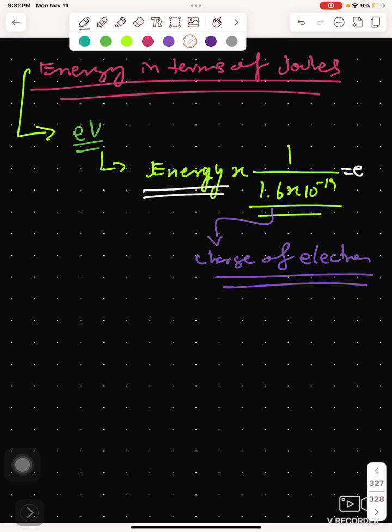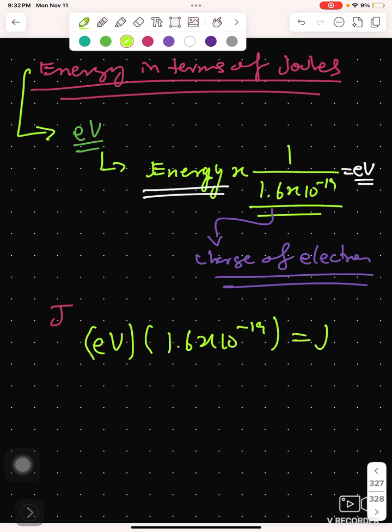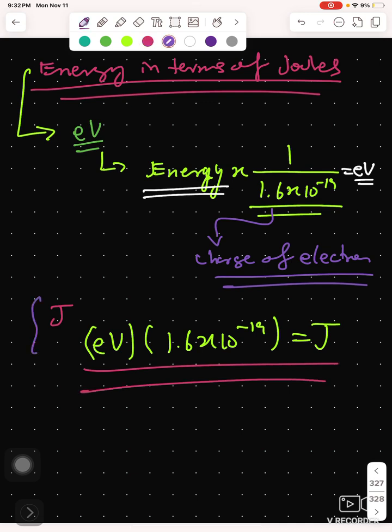Vice versa for joules as well. We want joules, right? So we do EV times 1.6 times 10 to the power minus 19 equals joules. So we just make joules the subject. This is the energy conversion from joules to electron volts and electron volts to joules.